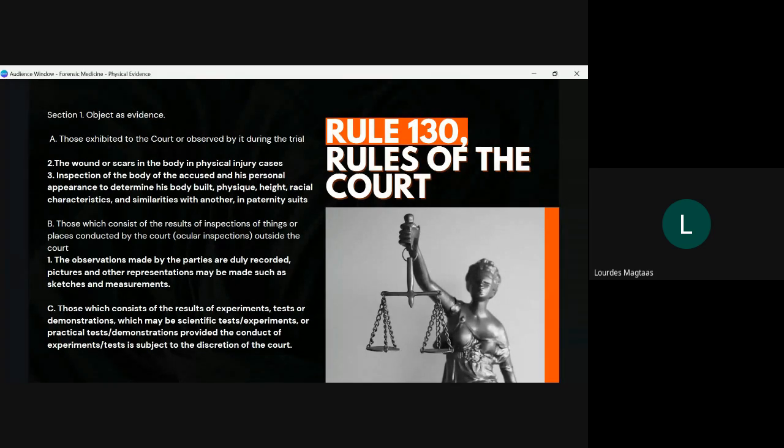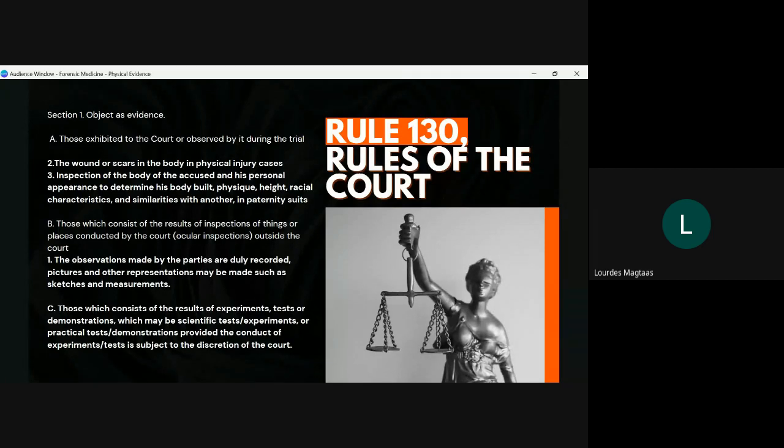These are further grouped into, first, those exhibited to the court or observed by it during the trial, like wounds or scars in the body in physical injury cases. And another division are those which consist of the results of inspections of things or places conducted by the court or ocular inspections outside the court, such as the observations made by the parties that are duly recorded, pictures, and other representations that may be used, such as sketches and measurements.